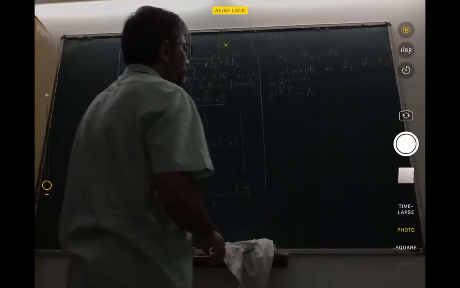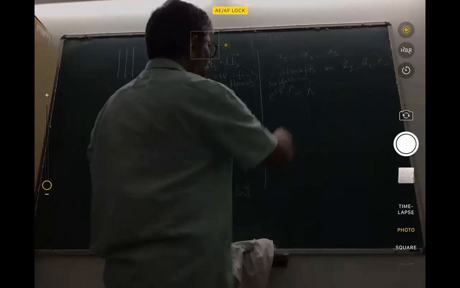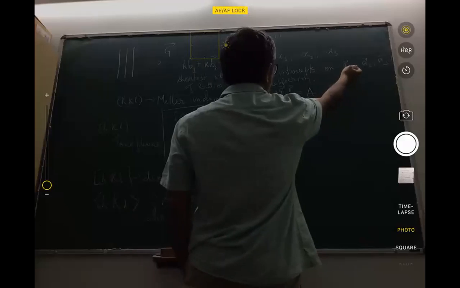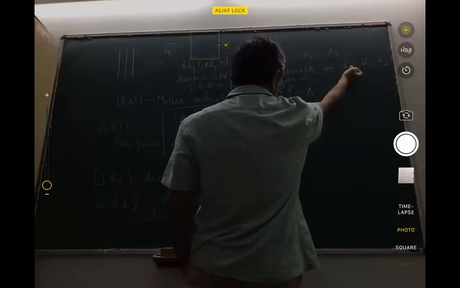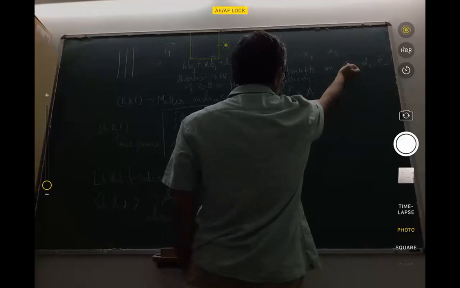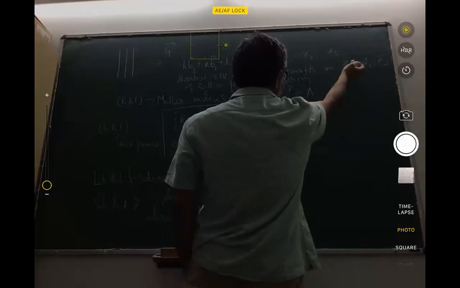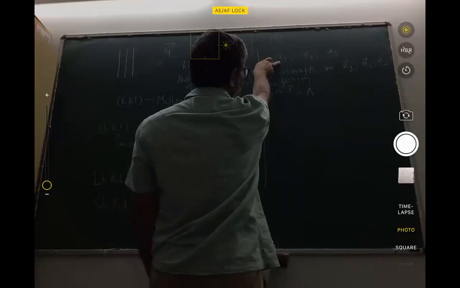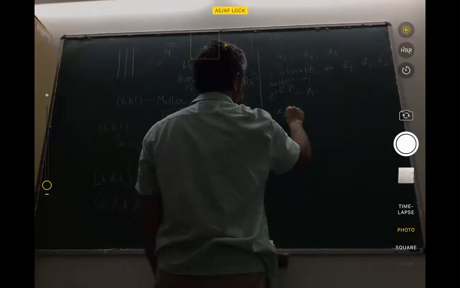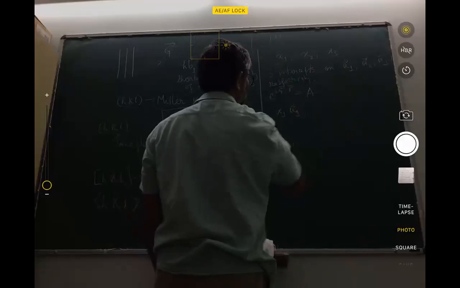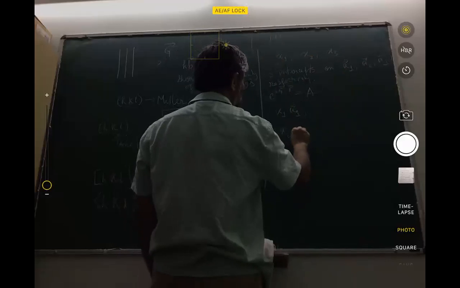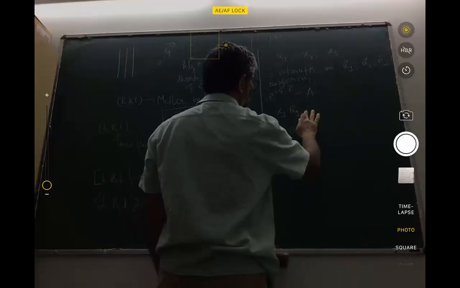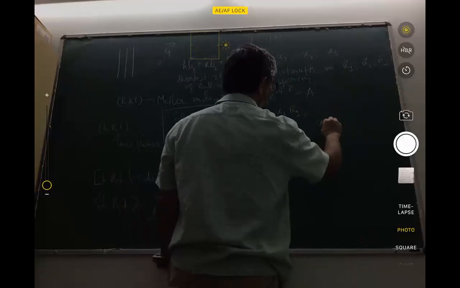So then, what is the coordinate at the point where these lattice planes intersect the A1 axis? I said the intercept is x1, so it is x1 A1. Similarly, on the A2 axis it is x2 A2, and on the A3 axis it is x3 A3.